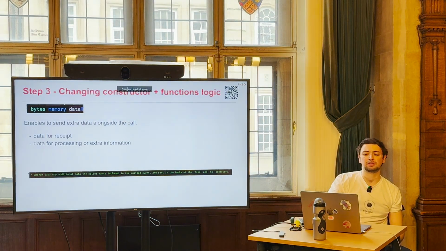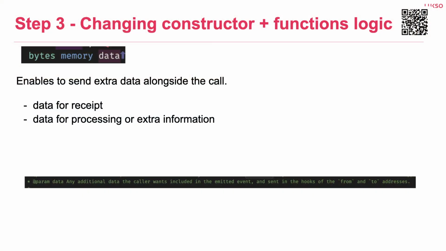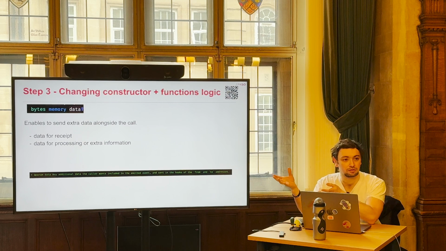The data is basically, by default in the functionality of LSP7, you can pass any data that you want alongside the call. This is useful if you want to use it as a form of receipt, writing information, or if you want the recipient to receive data that he can then process.